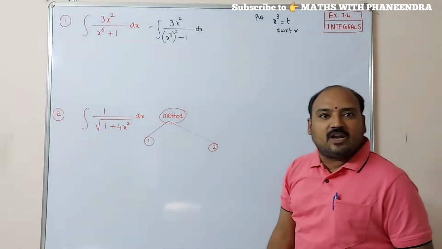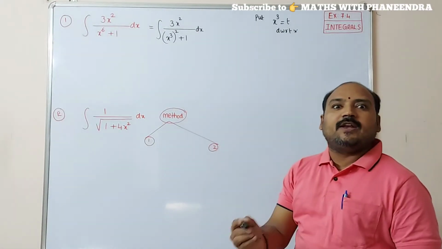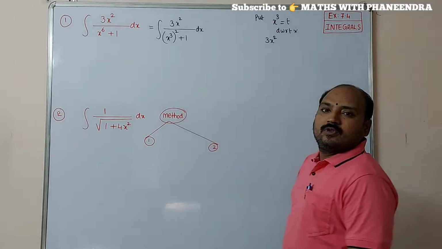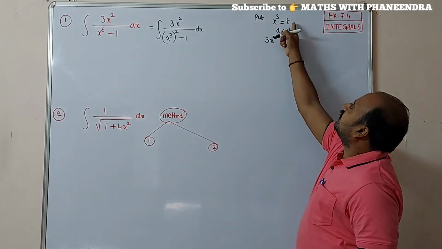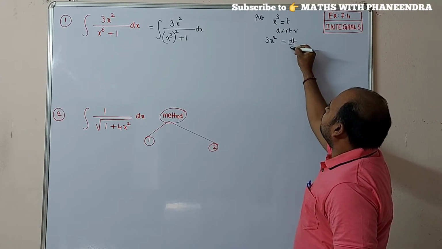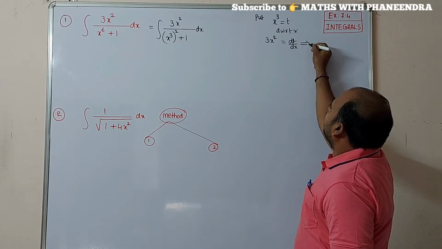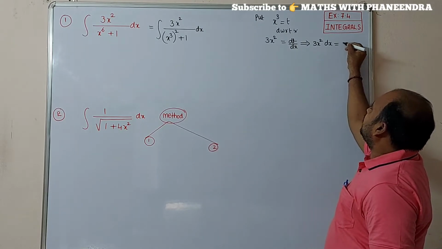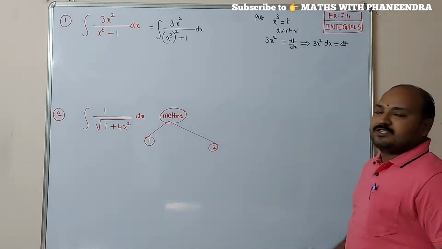What is the derivative of x cube? 3x square, which is equal to differentiation of t with respect to x, dt by dx. So cross multiply, that implies 3x square into dx is equal to dt. I hope everyone understands.